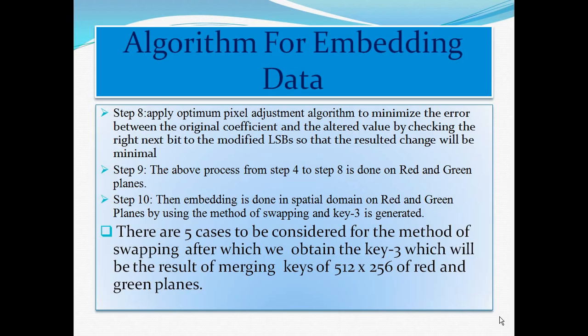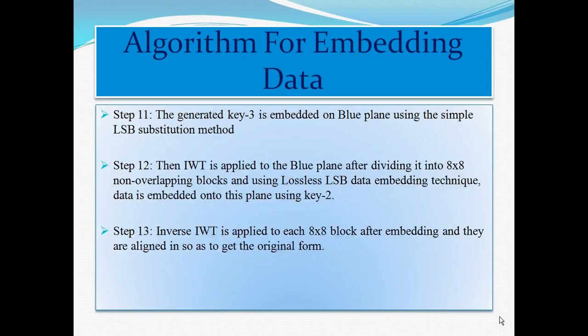We use these two planes to obtain our key 3. Key 3 is a combination of the R and G planes, 512 cross 256 and 512 cross 256, which gives a 512 cross 512 two-dimensional matrix of zeros and ones. And then after this process, we perform a lossless data embedding technique.